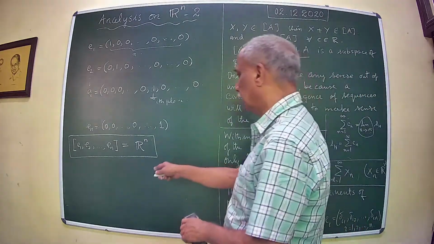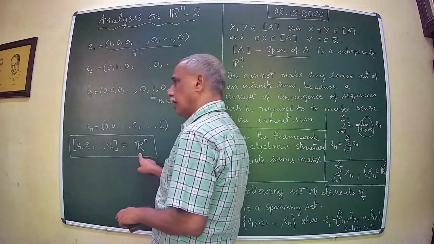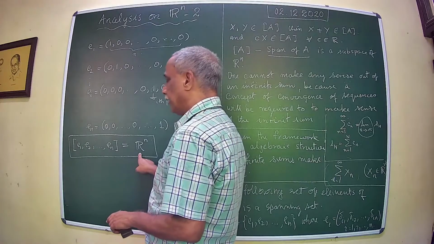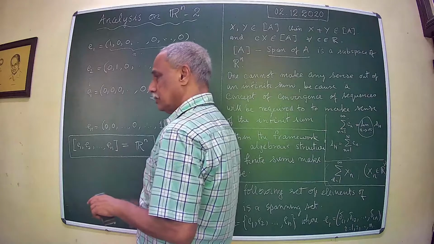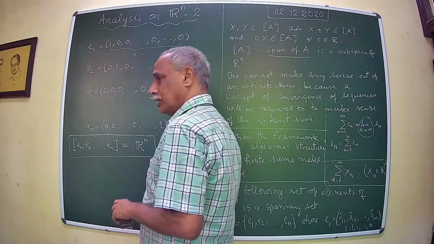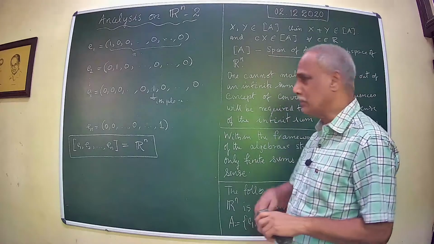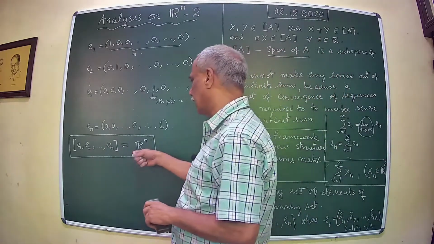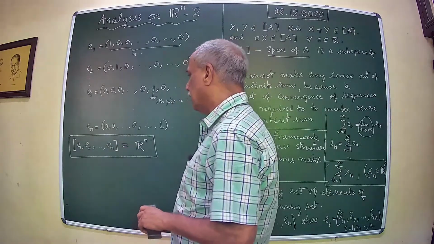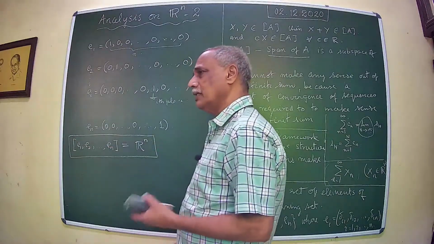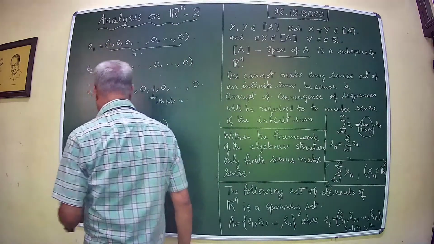Take a linear combination, which will be an element of R^n. So a_1 e_1 plus a_2 e_2 plus etc. plus a_n e_n is actually the n-tuple (a_1, a_2, etc., a_n), which belongs to R^n. Conversely, you start with any element in R^n, it can be expressed as a linear combination of e_1, e_2, etc. So that's pretty simple, straightforward.